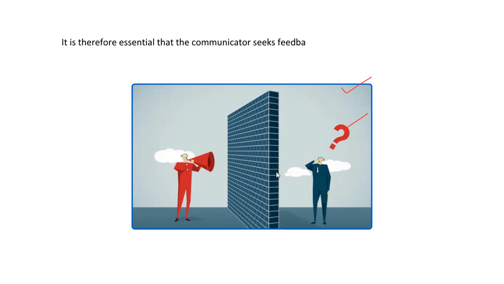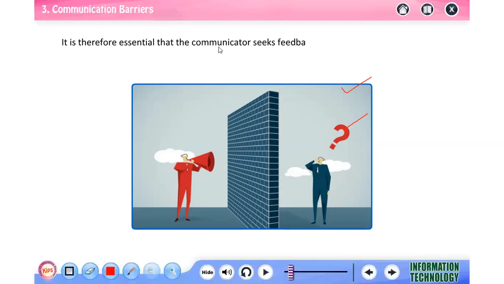It will be a failed communication, and there is no use of the discussion for any purpose. So while communicating with someone for a particular purpose, they should ensure that there are no communication barriers. This is the main concept. Now we'll proceed further.